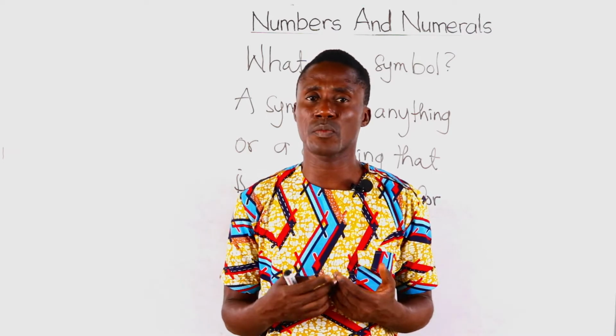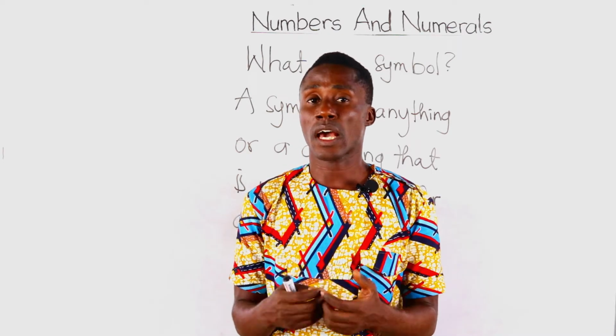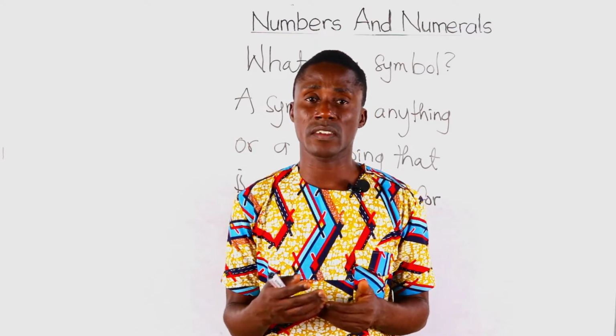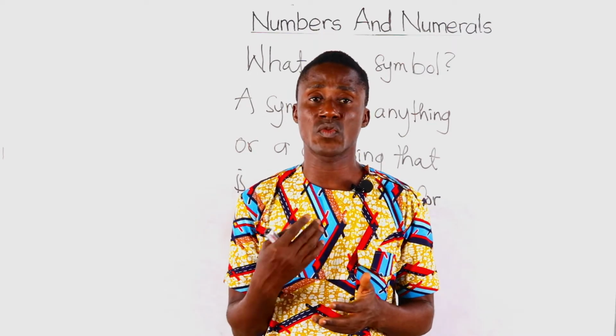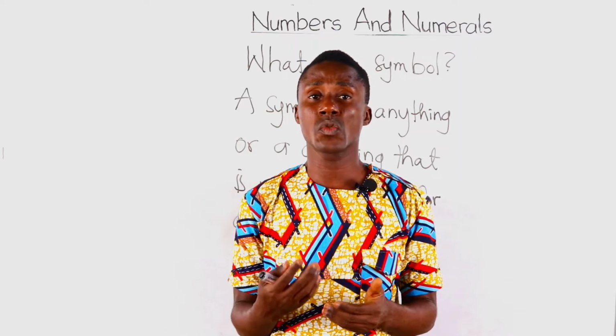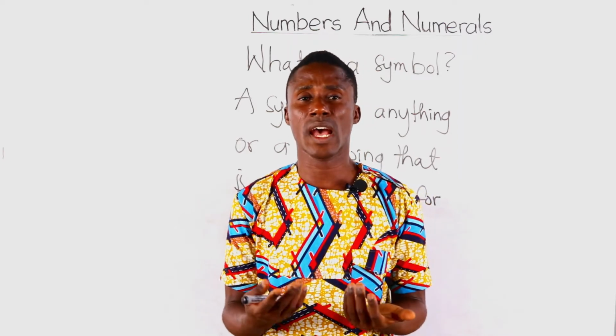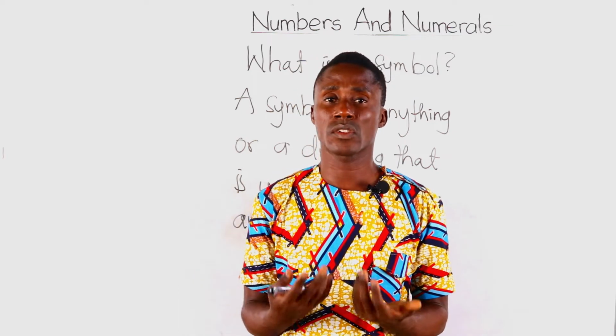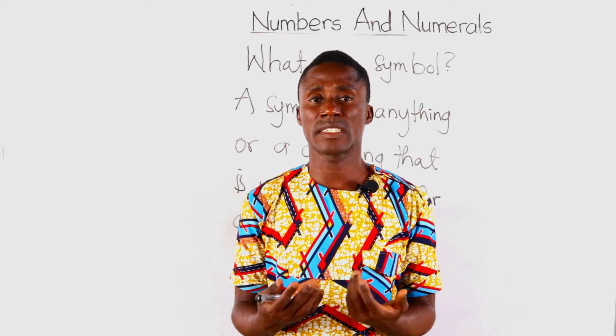And we have gotten to the place where humans have started drawing things in their environment. And they have also gone on to realize that they can use drawings to stand for numbers, okay? Or they can use symbols to stand for numbers.